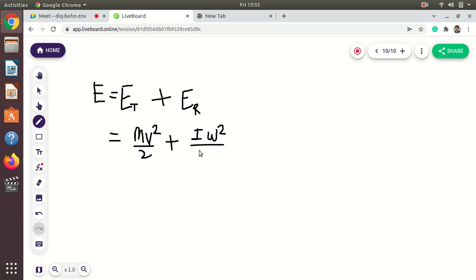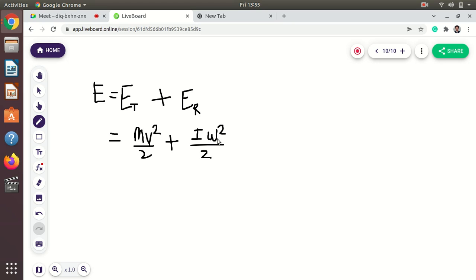Any definition we can use depending on the case. If L is given, you can use L square by 2I. If omega is given, you can use I omega square by 2. So what if it has both motions? We can add these together.